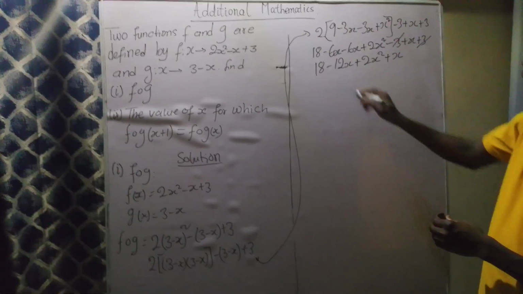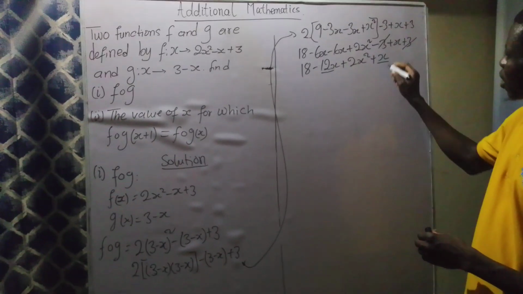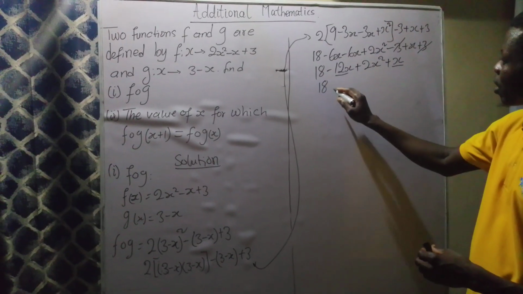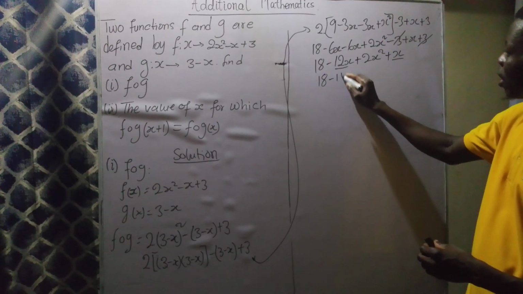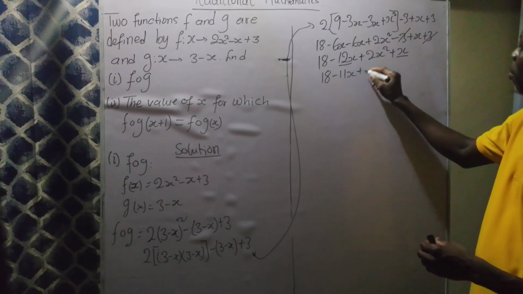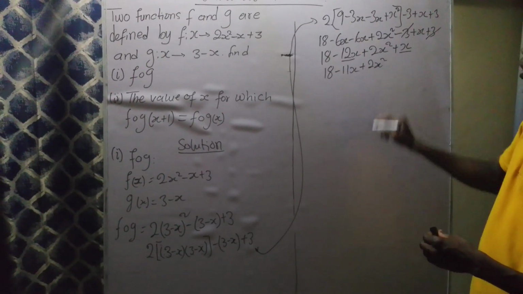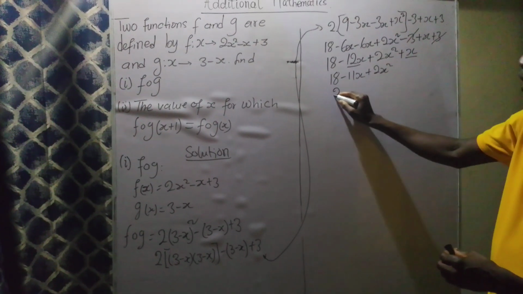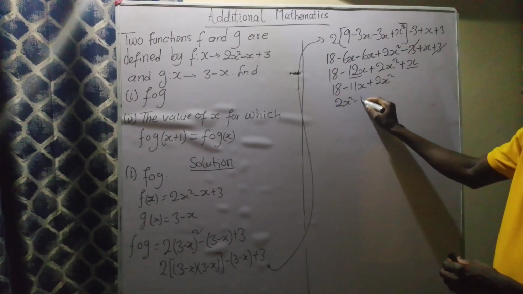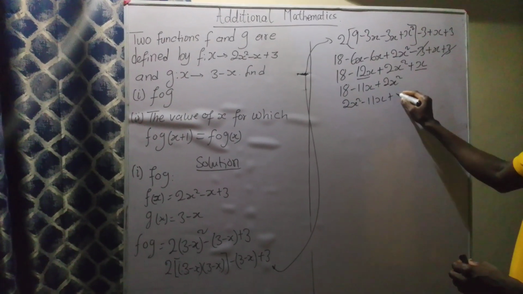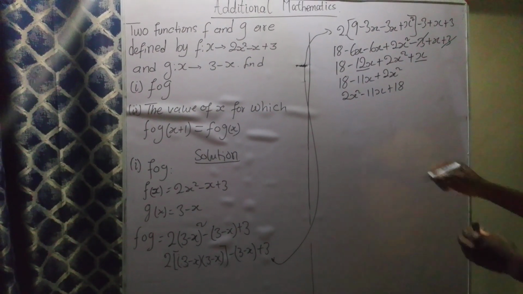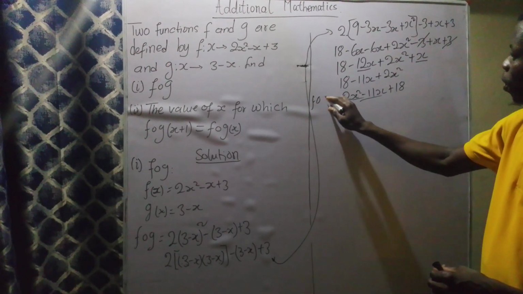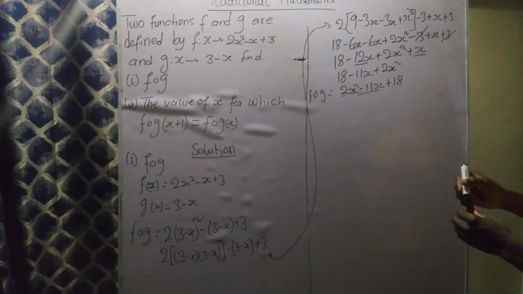The minus 12x and this x are like terms, so we add them together, giving minus 11x. The constants give 18. So you must rewrite this in quadratic form: 2x squared minus 11x plus 18. This is the first aspect, f of g.